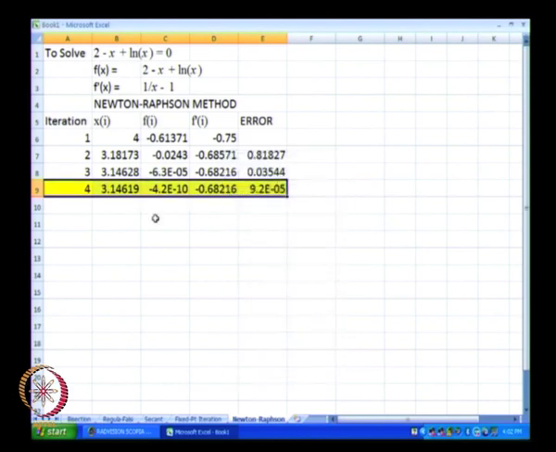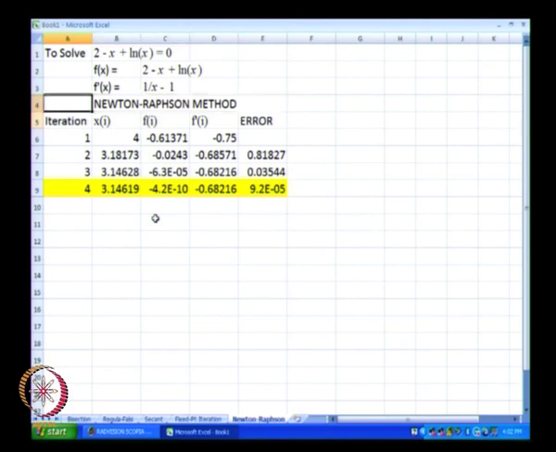So we started off with x of I equal to 4, we computed f of x of I, we computed f dash of x of I, and x of I plus 1 was equal to x of I minus f of I divided by f dash of I. Again for x of I plus 1 we computed f and f dash, and kept computing x of I plus 1 at each iteration, and we find that the solution converges, reaching the desired tolerance value of 10 to the power minus 4 in 4 iterations only.